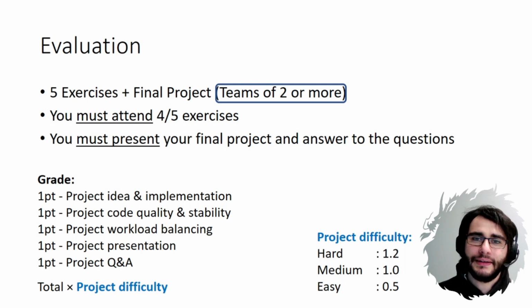Last year I also made a mistake, and I had people do multiple larger size projects. So now you only have one project to worry about, and I also ask you to have at least one other team member.